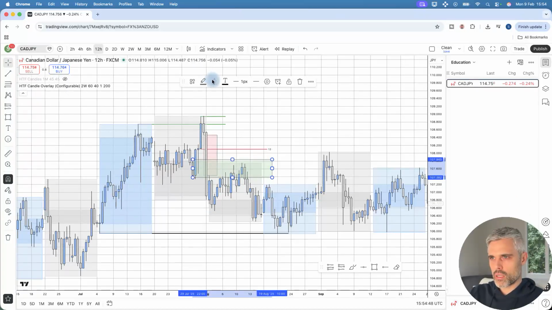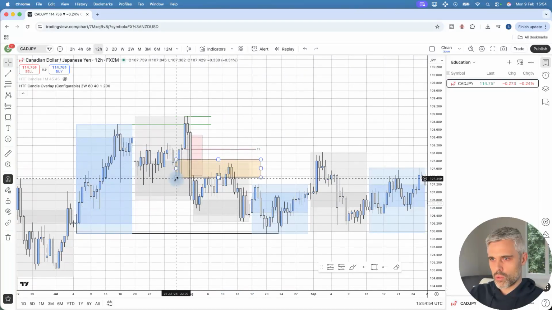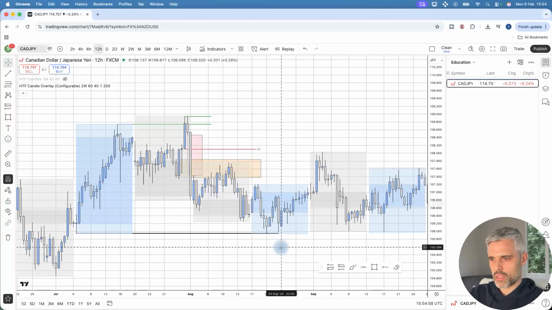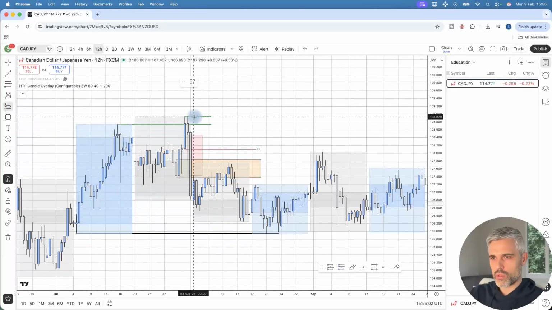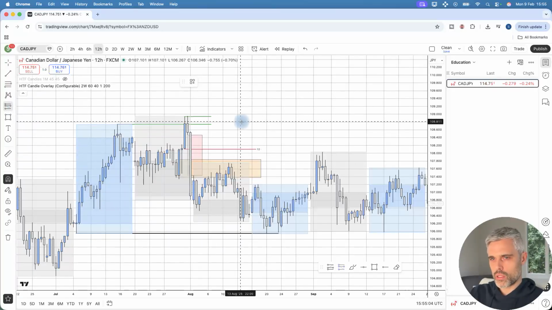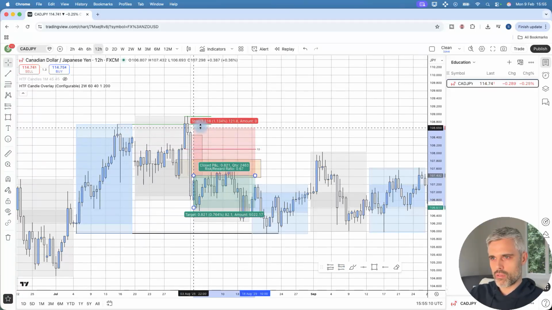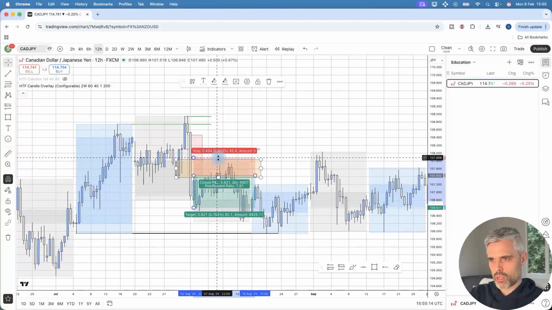And I like to actually mark this in a different color so that we can see it clearly. So this is the last order block in this bullish move, which then becomes the resistance to take us to our target. So you can then start to stack confluence entries whereby you say, I want to get involved at the fair value gap, but instead of covering the swing point, I'm going to cover the breaker block.